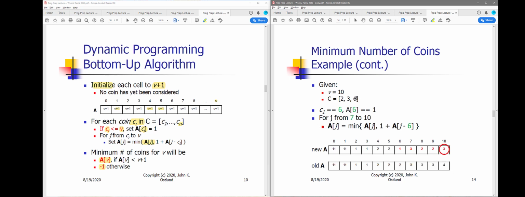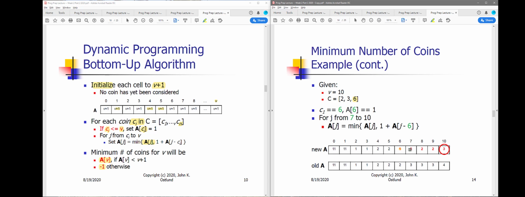Finally, we're going to go through and consider the final coin, which has a value of 6. All right, so our coin value is 6. That means we start by setting a sub 6 equal to 1 cent. And then we turn the handle and go through these values from 7 up to and including 10, and set each one of these to the minimum of whatever value it had before, or 1 plus the number of coins that we needed for 6 cents below whatever value j has.